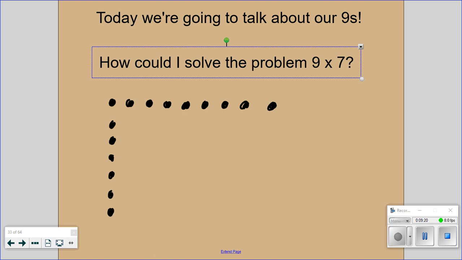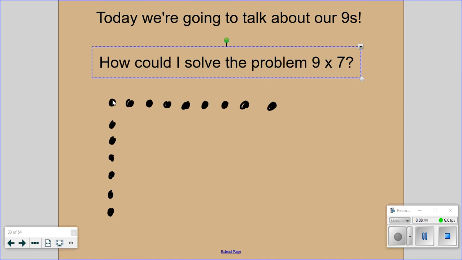Layden? Dealing out what? What would I deal out? The dots. What dots? I have 9 times 7. Is that what 9 groups of 7 means? I have 7 and I deal them to 9 groups.